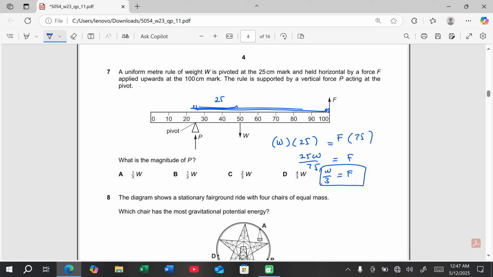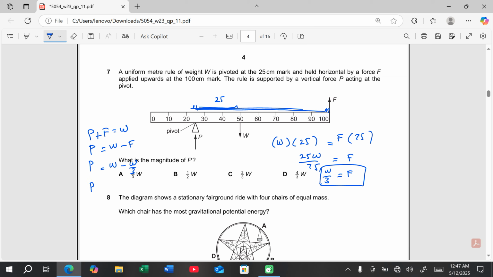Now for the second condition, upward force is equal to downward force. So we have P plus F equals W. We need to find P. P equals W minus F. Now W is there, F is W over 3.